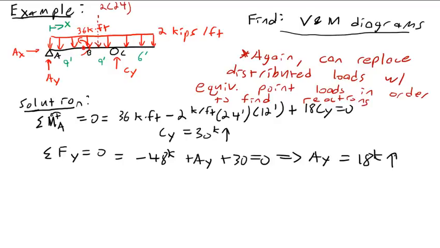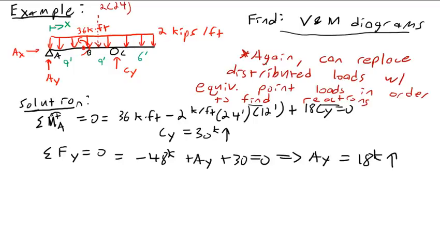Now, we need to talk about how many cuts we're going to need to make. This system has a series of discontinuities. Remember what I said: to find reactions, this is key, we will only use the equivalent point load method for finding reactions and for nothing else.